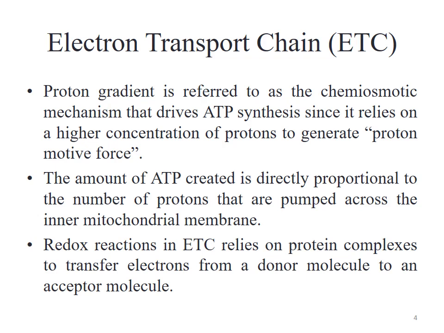The amount of ATP created is directly proportional to the number of protons that are pumped across the inner mitochondrial membrane. And the redox reaction in ETC relies on the protein complexes to transfer electrons from a donor molecule to an acceptor molecule.